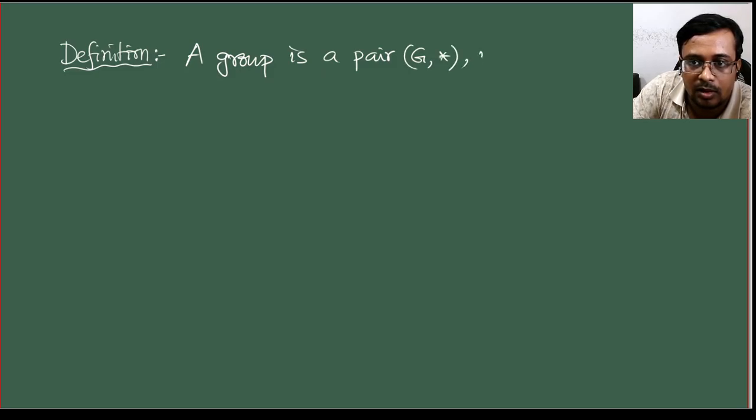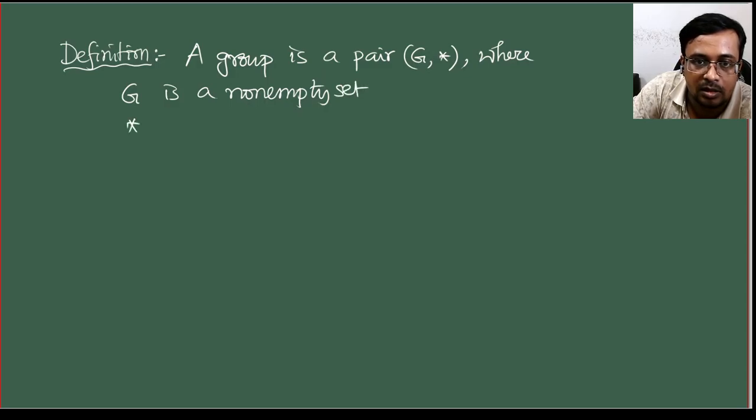So, definition: a group is a pair (G, star) where G is a non-empty set and star from G cross G to G is a map.